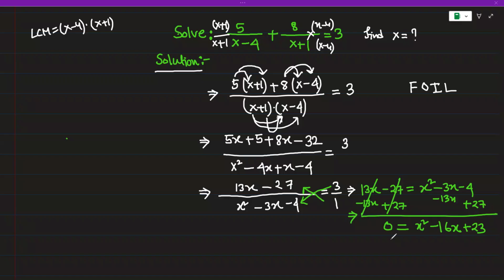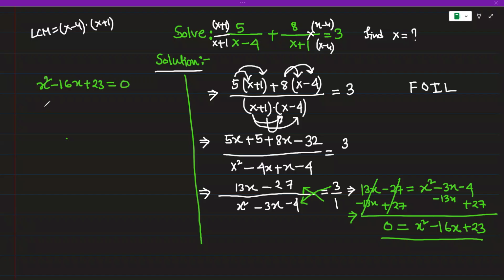So we are getting a quadratic equation, which is x squared minus 16x plus 23 equals 0.